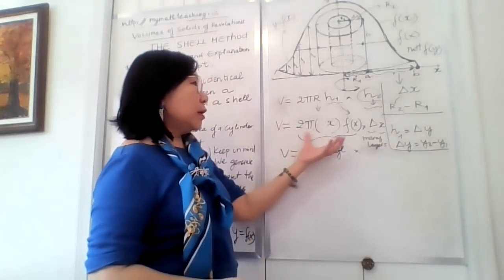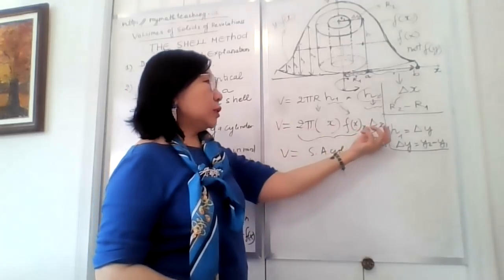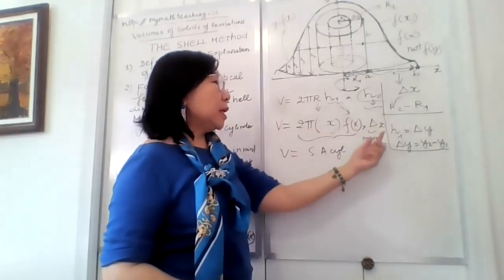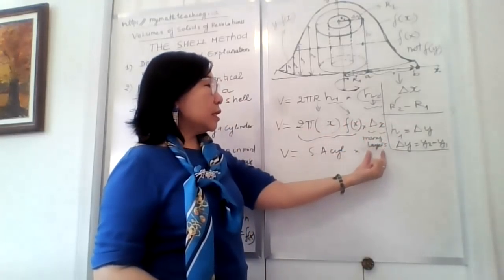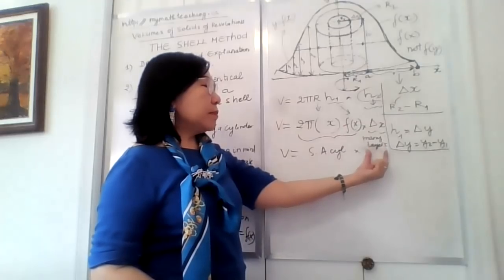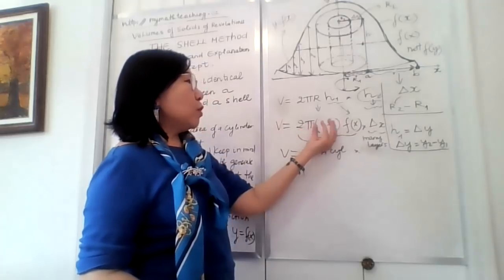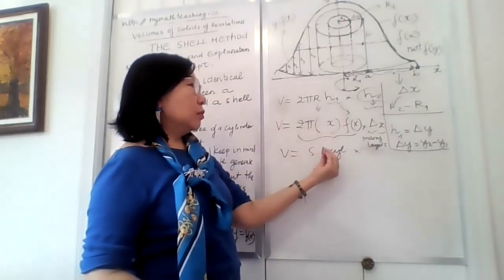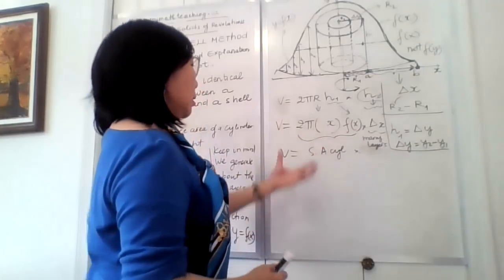If we have 2 layers, we multiply with 2. If we have 3 layers, we multiply with 3. If we have millions of layers, we multiply with millions. So actually this delta x thickness here is the many layers of this surface area. And that's the way we build the shell method, okay?